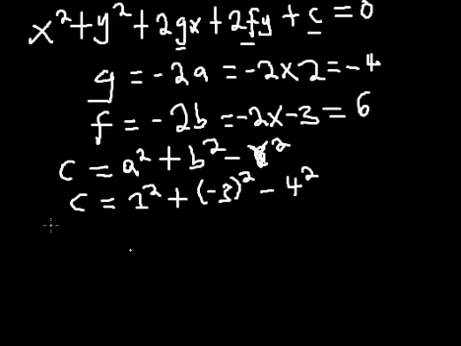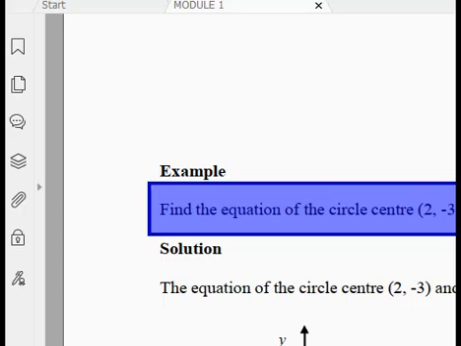So I have this is going to be 4, plus 9, since minus 3 square is 9, then 4 square is 16. So I'm having 4 plus 9, minus 16 now.